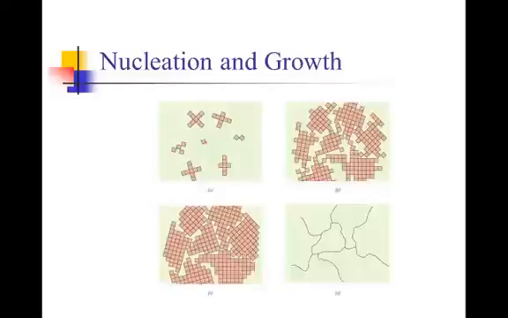So if the liquid turns into a solid at those low temperatures, it will release some energy for the system. And so there's a driving force for that to happen.